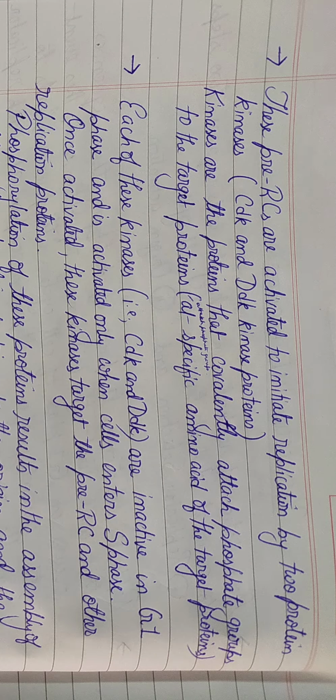So it is saying that this pre-replicative complex can only function after the cell has reached the S phase of the cell cycle. But how? There must be some proteins regulating this function. These pre-replicative complexes are activated to initiate replication by two protein kinases.